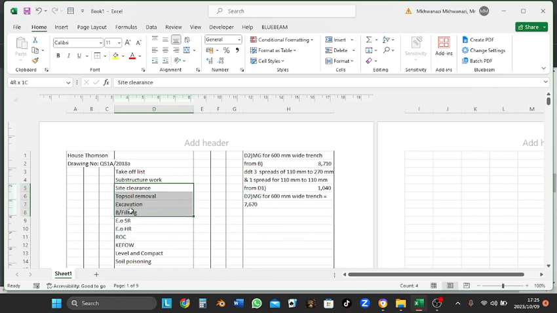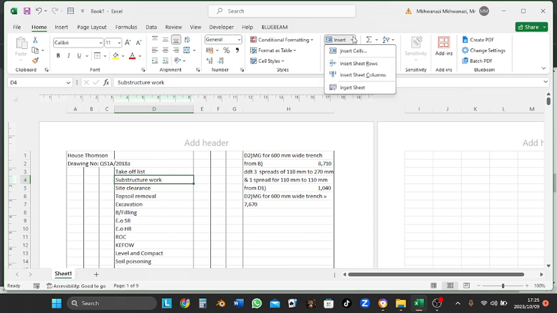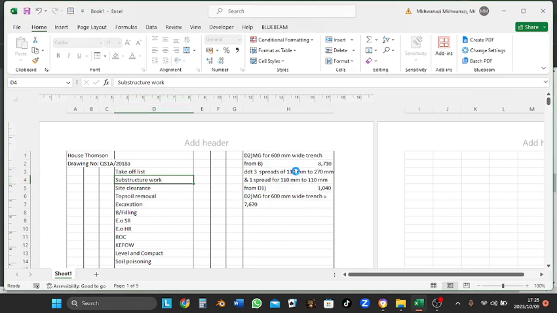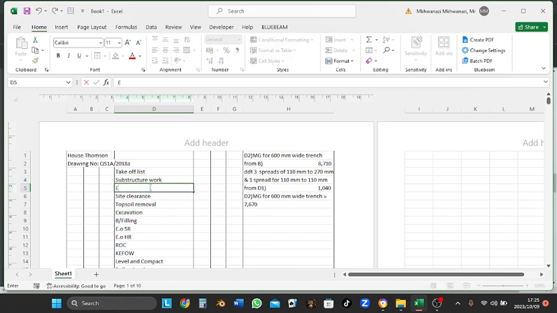So let me just insert the cells here, shifting them down, and then I will move this one to here, and then I will write here earthworks.